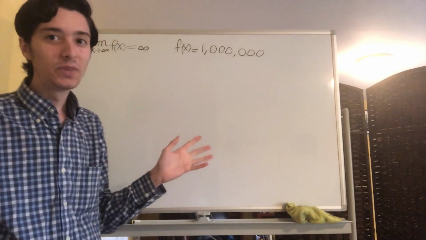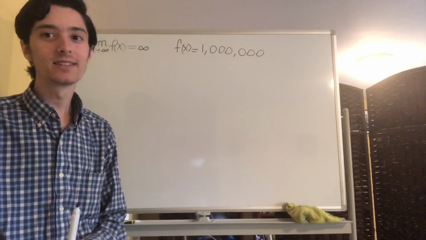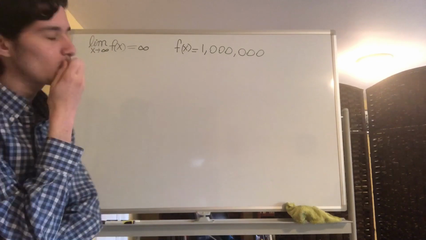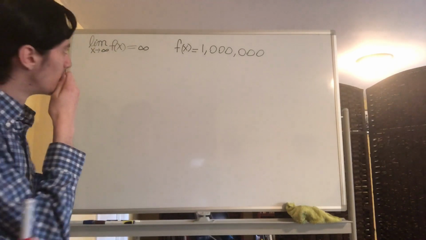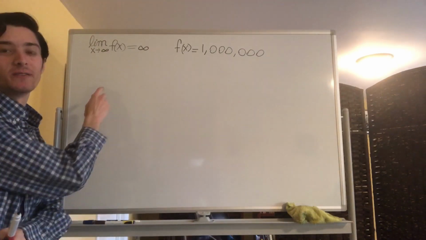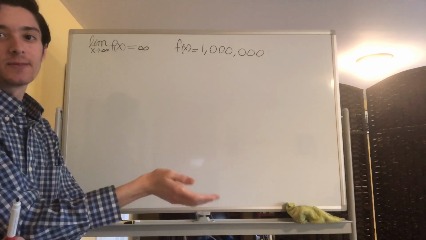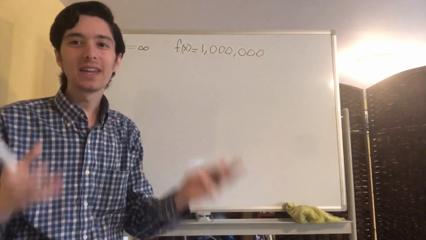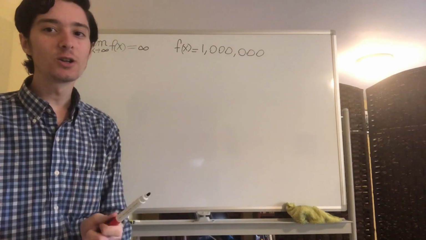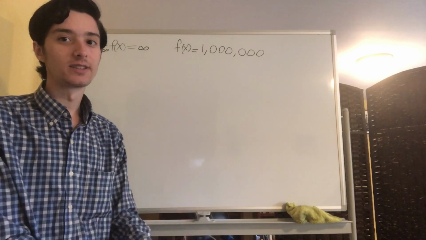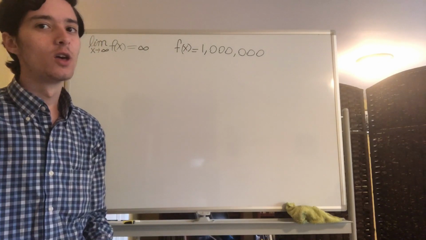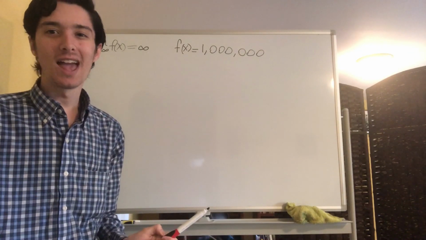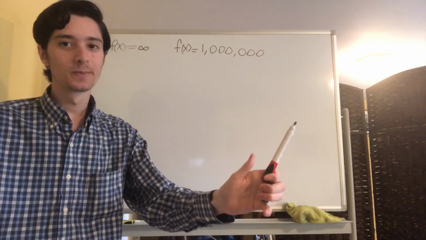And 1 million is large, at least some might argue that. But does the limit as x approaches infinity of f of x equal infinity? Well, no, this is a constant. So x will be getting larger, and yes, f of x is large, but f of x remains constant. So we need a more precise definition than just x is large, f of x is large.